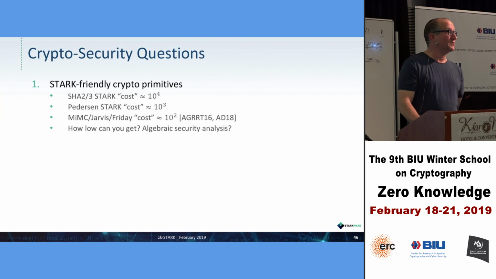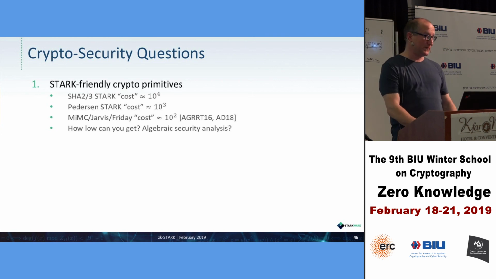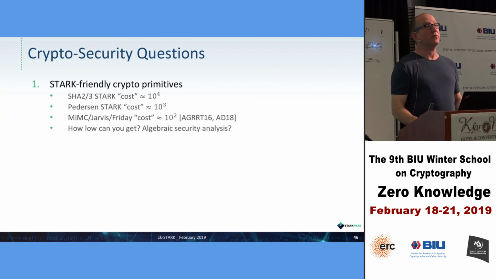Another class of questions, which is a little bit more security related, is can you come up with a family of STARK-friendly crypto primitives? Because if you want to argue about invocations of things like SHA, you're looking at a very large cost, roughly on the order of 10 to the 4. Proving things about Pedersen costs roughly on the order of thousands of constraints.